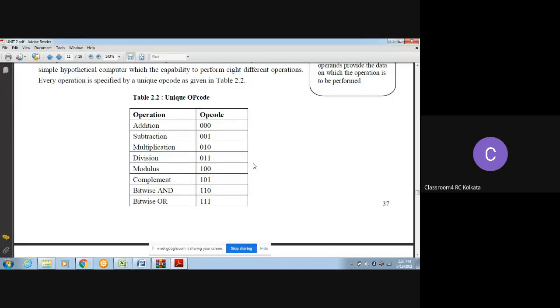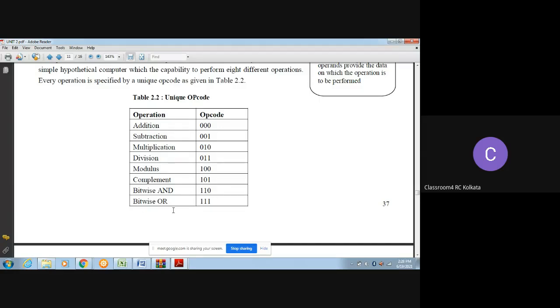Then what to understand by bitwise? Bitwise means it is basically a per bit operation. The operation is done per bit. What is a bit? This is a bit: 0, 1, 1. Now, if you instruct the computer bitwise AND, then it will operate the AND operation per bit.